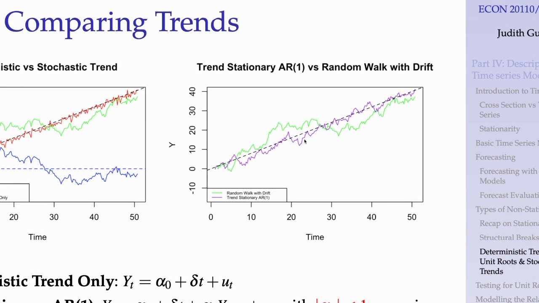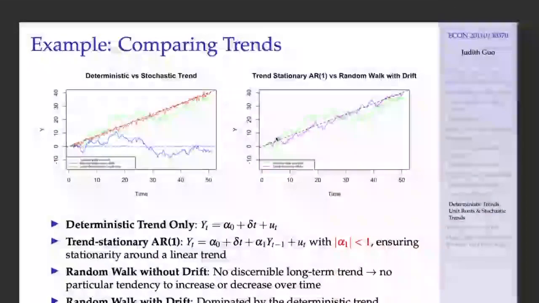Imagine if the random walk with drift has a much smaller shock variance, then it will look very similar to the trend stationary AR(1). Therefore, we should not make any conclusion about the nature of the underlying time series simply based on the visual plot. Whether the underlying series is trend stationary or has a stochastic trend, we will need to use a formal hypothesis test to detect this.